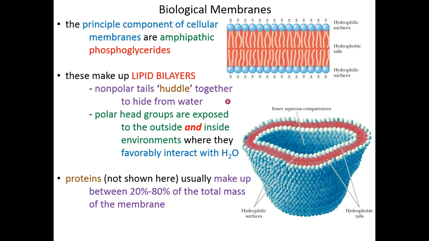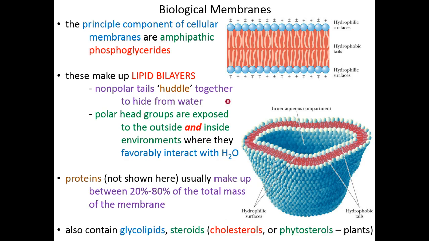The proteins, although they're not shown here, can make up anywhere between 20% of a membrane, all the way up to 80% of a cell's membrane for specialized cells that require a lot of membrane-bound proteins. And so it's not as though every once in a while there's a protein. Proteins are a very large component of our cellular membranes.